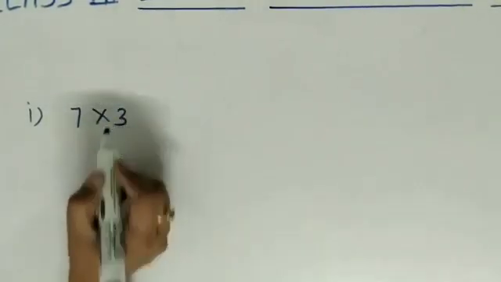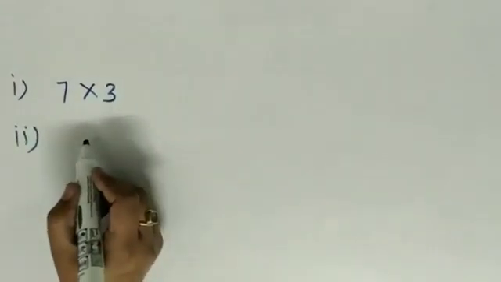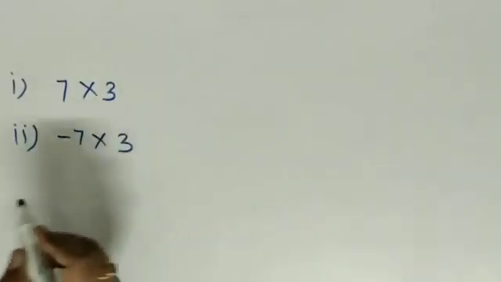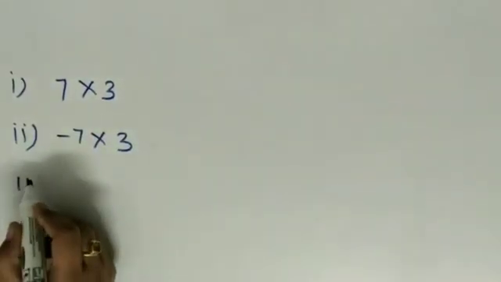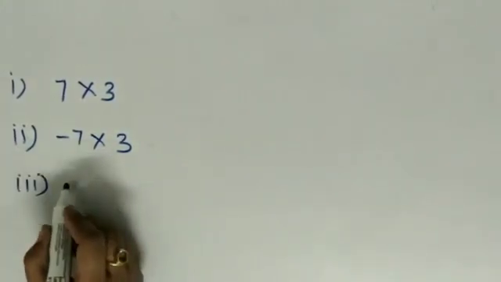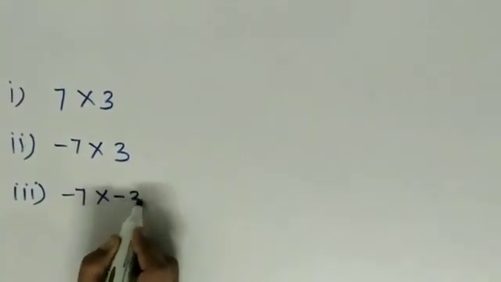Now we will take a few questions based on multiplication of integers. Now I am taking these to multiply: 7 into 3. Then I will take minus 7 into 3, and one more, I will take minus 7 into minus 3.